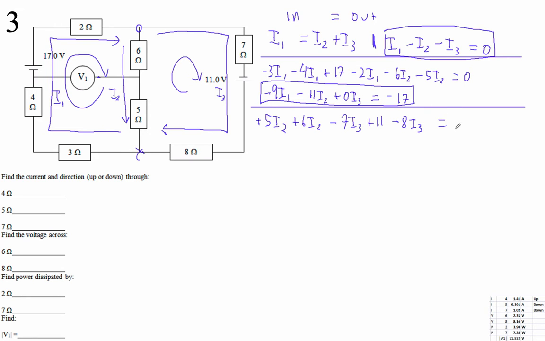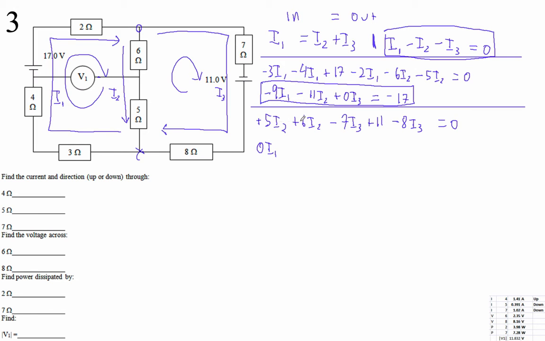That's 0. Let's just double check. So up 5I2, up 6I2. Now we're going downstream, so down 7I3, plus 11 because we're going the correct way through the cell. Then minus 8I3. So this is 0I1. How much I2?